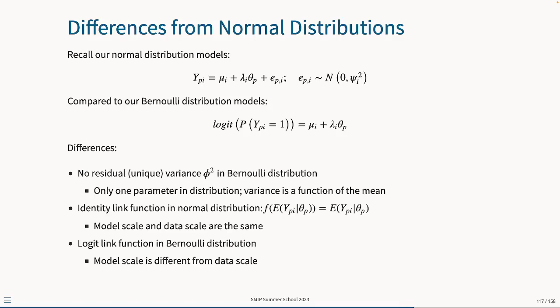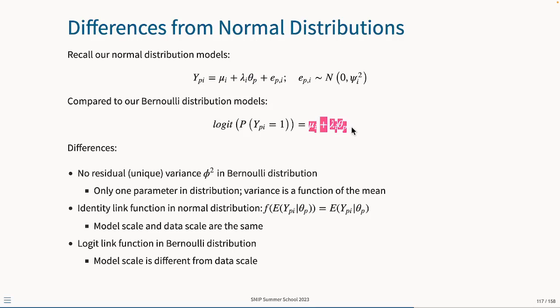It's a simple parameterization usually. So, differences from our normal distribution. You can see here's our normal distribution. This would be called a factor analysis, confirmatory factor analysis, or just a simple factor analysis with one latent variable. Compared to our Bernoulli distribution, you can see the kernel, or the core, the linear predictor, happens to be the same, if we were phrasing it in different ways.